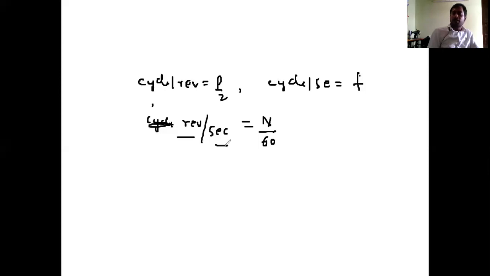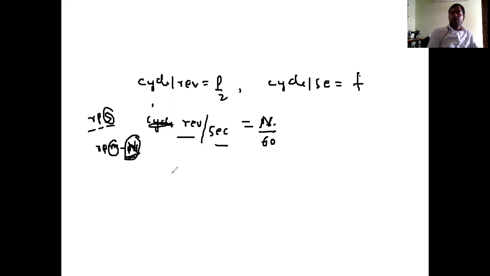RPS is equal to revolution per second. RPM is nothing but N, the speed, per minute, so divided by 60.